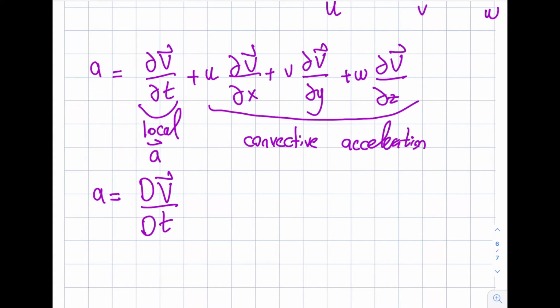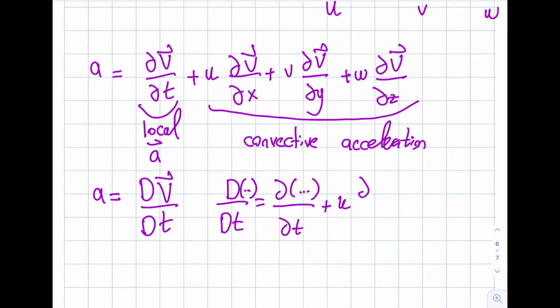Okay, so again, let's discuss that for a minute or two. Basically this D/Dt, you can imagine like I have blah blah over here. That will be ∂(blah blah)/∂t plus u ∂(blah blah)/∂x, right? Let me not make a mistake here.